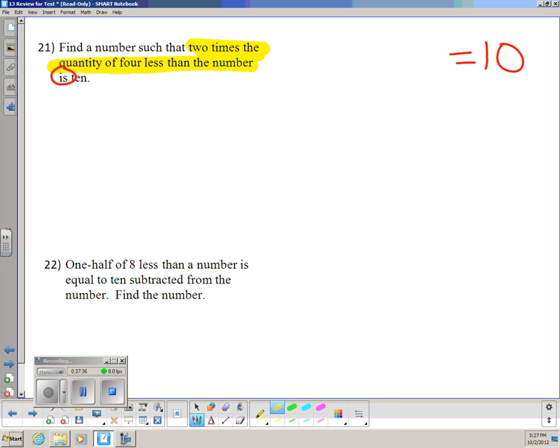2 times, I like a 2, the quantity tells me I need to use a parentheses. I want to open up a big parentheses because whatever comes after it, I have to put inside the parentheses. So this whole thing is going inside parentheses. 4 less than the number.